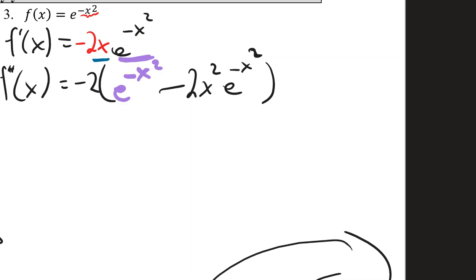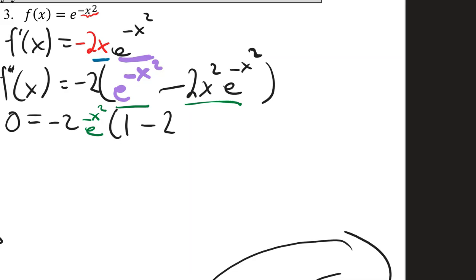Okay, so that we're not testing our life away, just randomly guessing x values, the only places where concavity might be changing is when the second derivative is 0 or undefined. So I am going to try to pull out another GCF here. These both have an e to the negative x squared. So that looks like that.